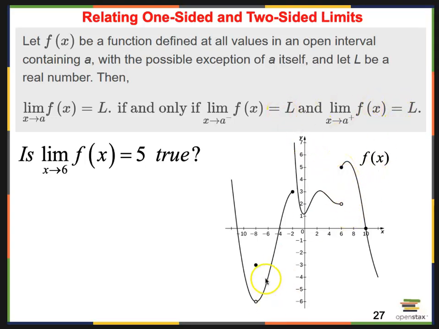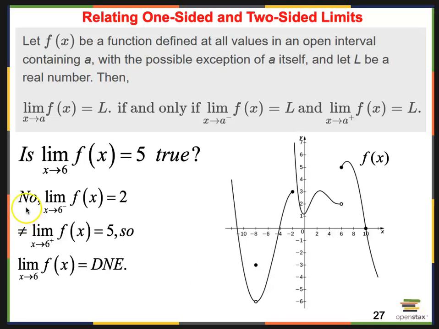And you would say, no, they are not. Because the limit from the left is 2. The limit from the right is 5. These two have to be equal in order for the limit to exist. So the limit of the function from the left and right, so the limit from both sides, does not exist because they have to be equal in order for the limit to exist.